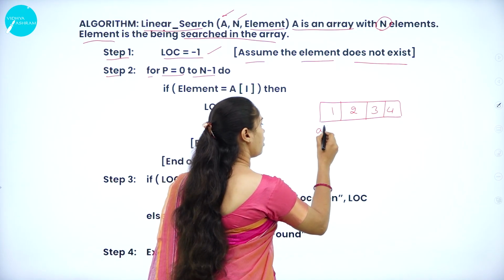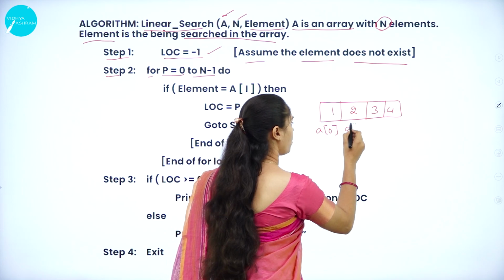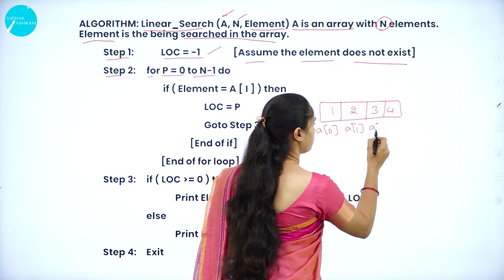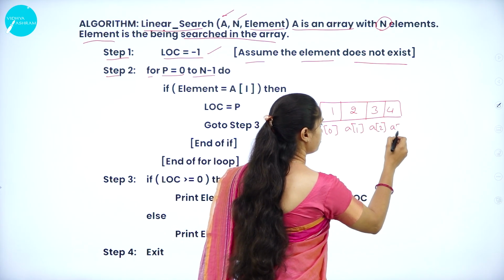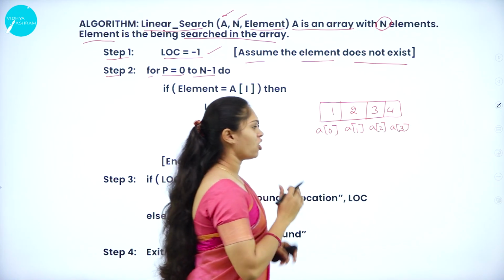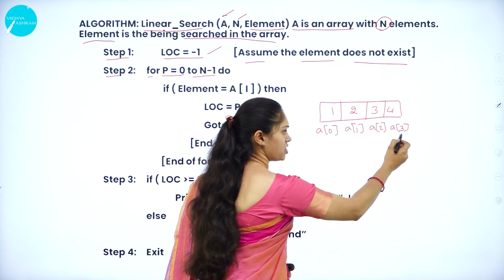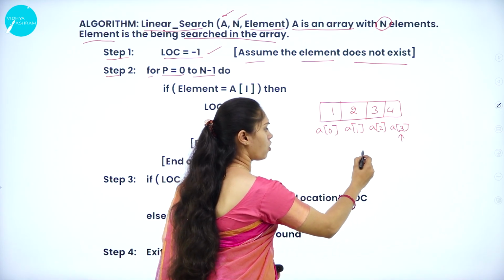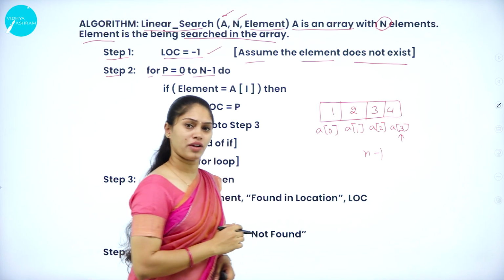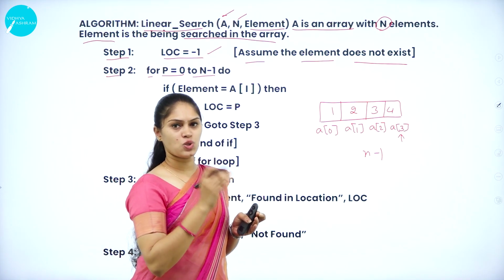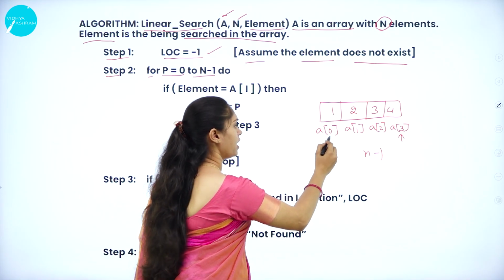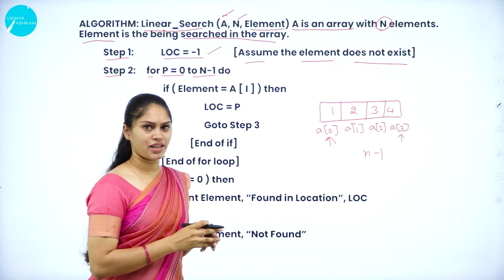So A of 0, A of 1, A of 2 and A of 3. How many elements do we have? We have 4 elements, but the last location is 3. That means n minus 1. The last location will always be n minus 1. Why? Because the index starts from A of 0.